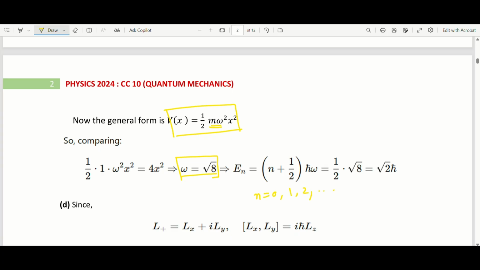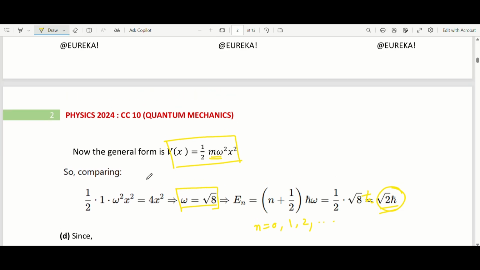Okay, so if n equals 0, that corresponds to the ground state. So what will be the ground state energy? That will be half times h cross omega. Now omega here is root over 8. So the result will be root 2 h cross.